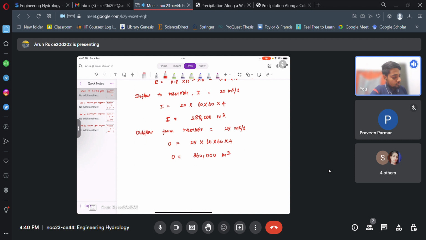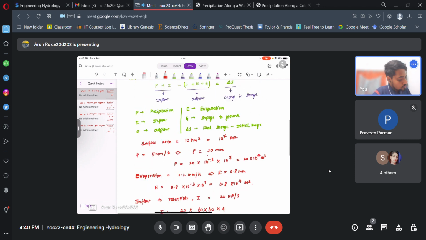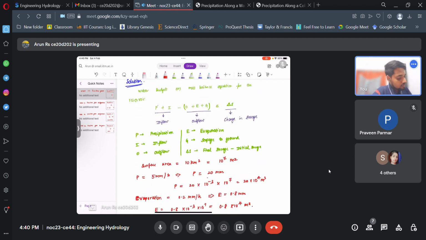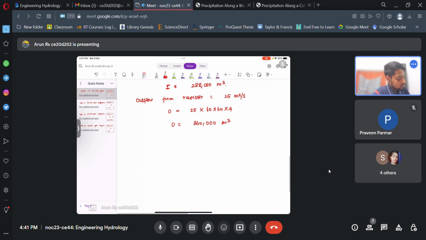So we have computed precipitation, inflow, outflow, evaporation. So this is the term which we need to find, and delta S is the change in storage. So change in storage is given by your final level minus initial level.